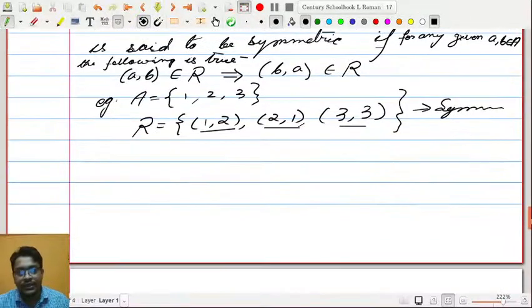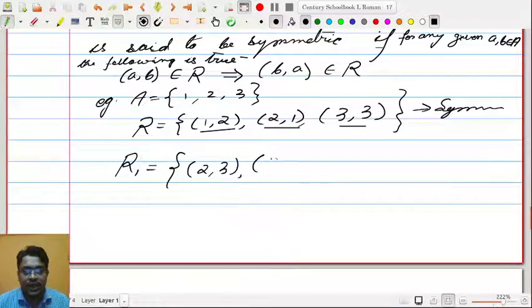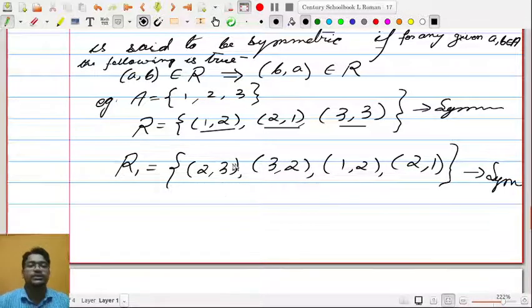Next, if we see something like this, R1 equal to 2 is related to 3 and 3 is related to 2, 1 is related to 2 and 2 is related to 1. This is also a symmetric relation. 2 is related to 3, no problem. But once 2 is related to 3 here, we have to check whether 3 is related to 2 or not.